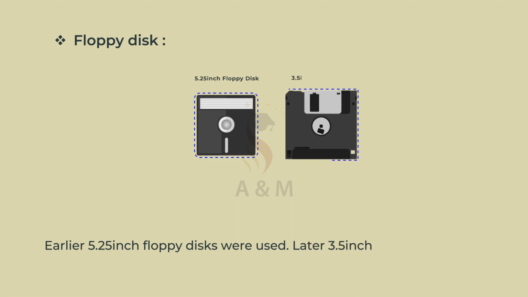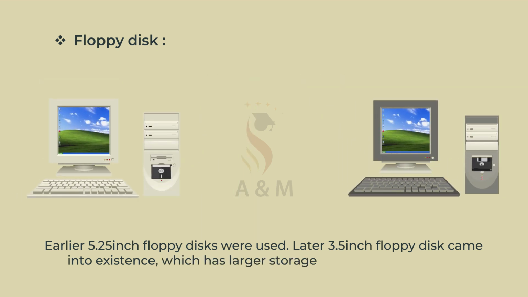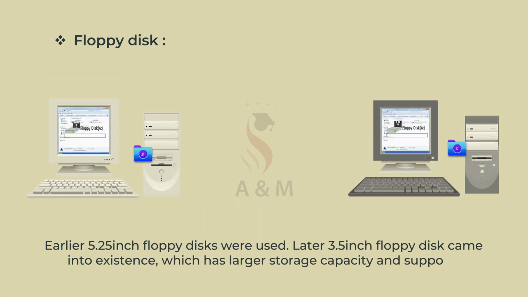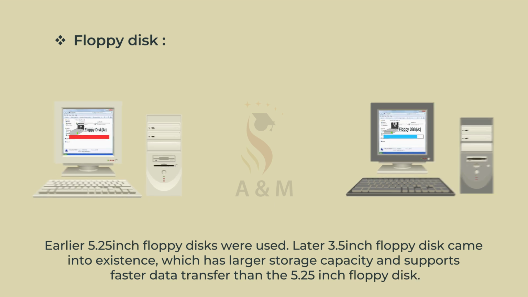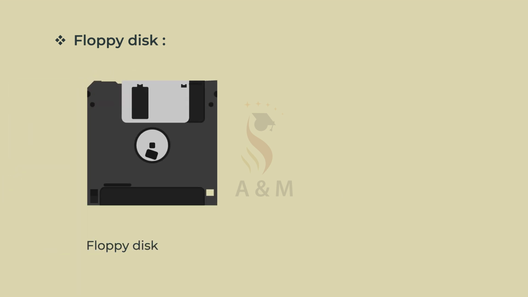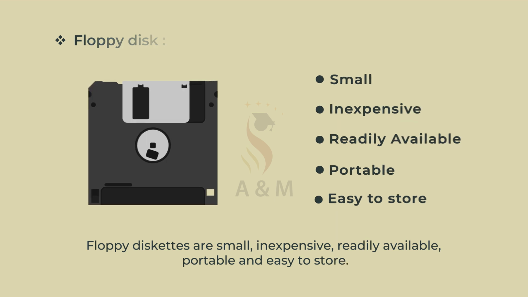Later, 3.5-inch floppy disk came into existence, which has larger storage capacity and supports faster data transfer than the 5.25-inch floppy disk. Floppy diskettes are small, inexpensive, readily available, portable, and easy to store.